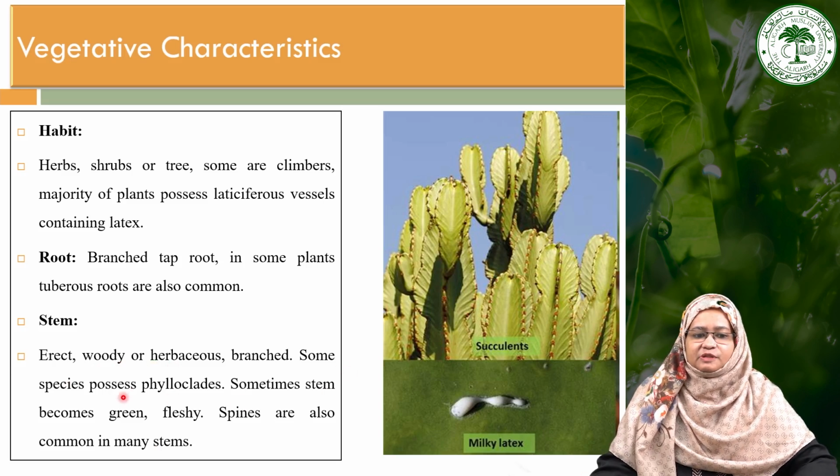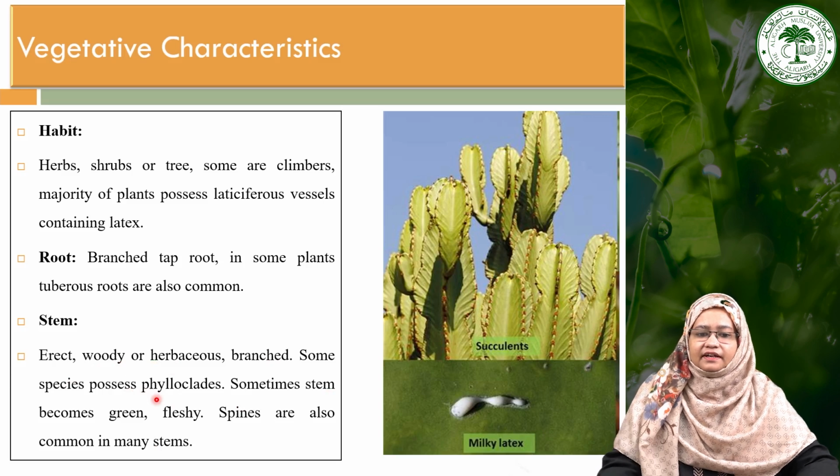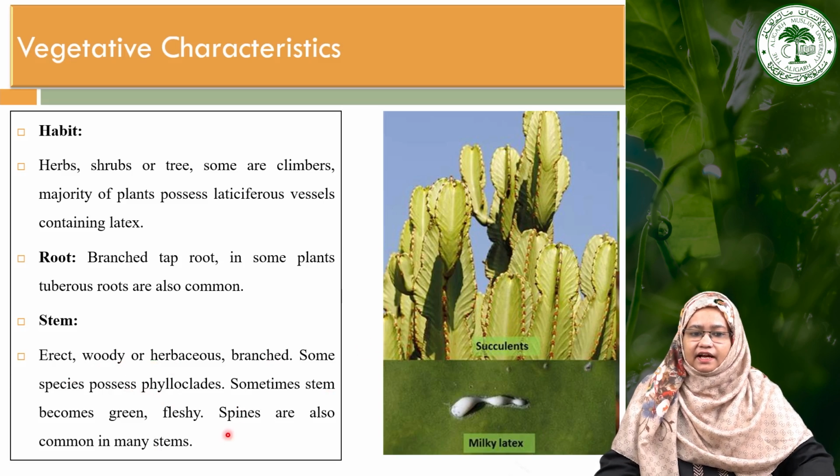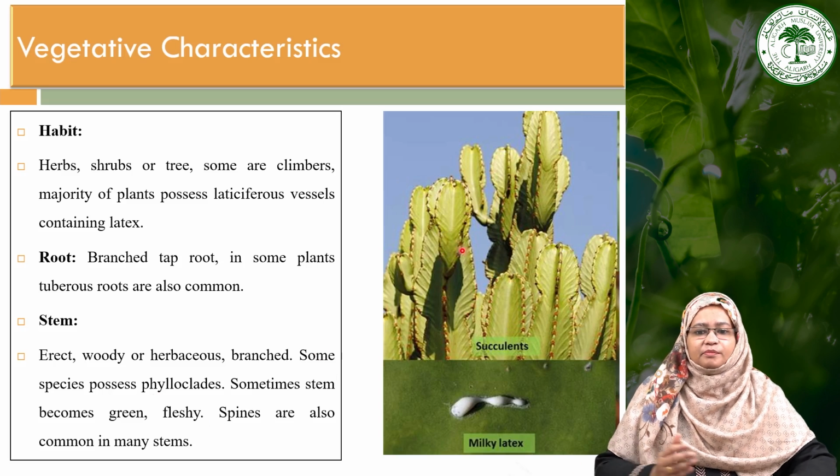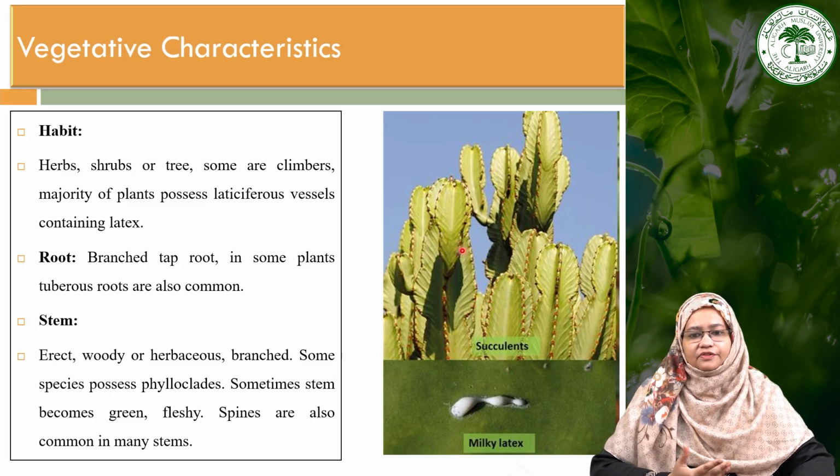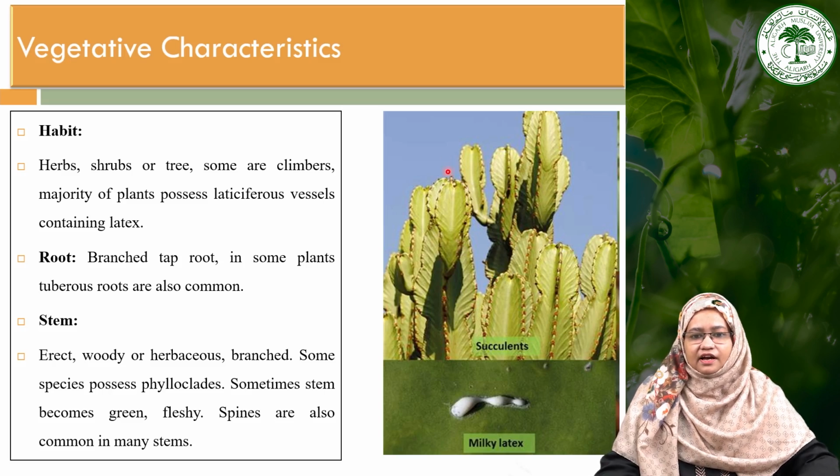Branched. Sometimes species possess phylloclade, as we can see here. A phylloclade is a modified type of stem which gives the appearance of a flat leaf-like structure, and spines are also common on many stems.